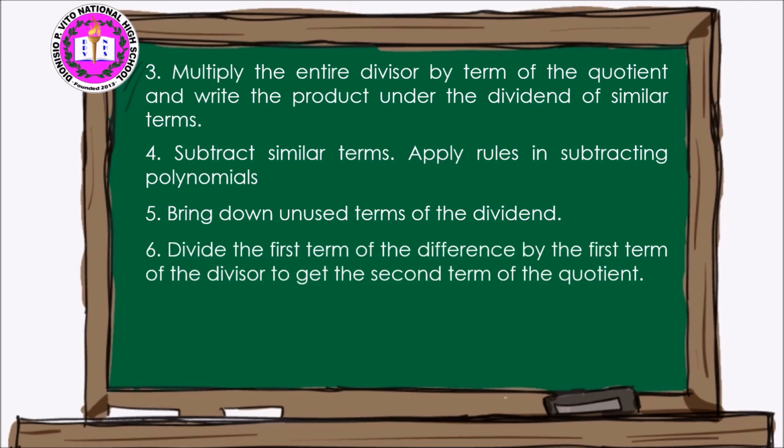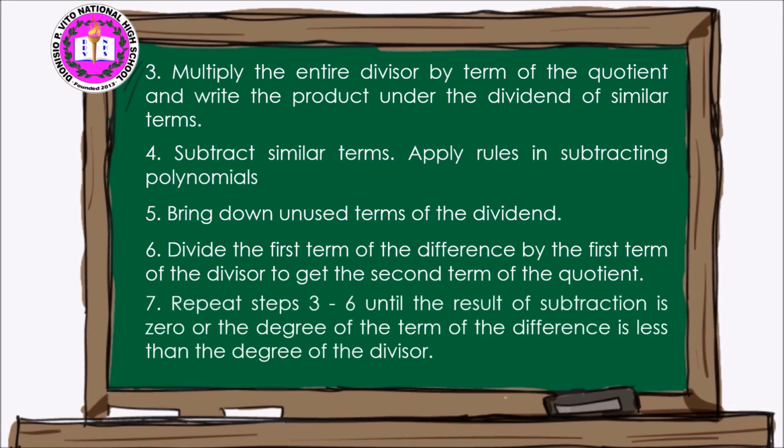Then divide the first term of the difference by the first term of the divisor to get the second term of the quotient. Then repeat steps 3 to 6 until the result of subtraction is 0 or the degree of the term of the difference is less than the degree of the divisor.